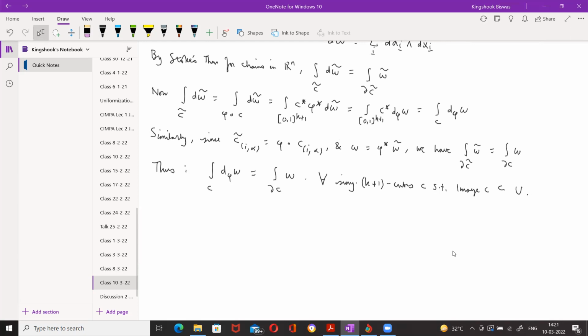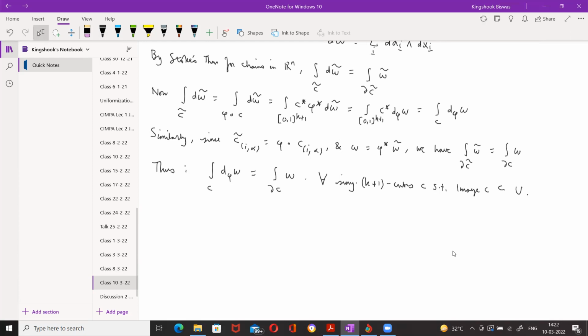So Stokes' theorem holds for this exterior derivative in the manifold for cubes which are contained inside the chart, right? Now using this, we can show that this d_phi omega is actually independent of the choice of chart phi.